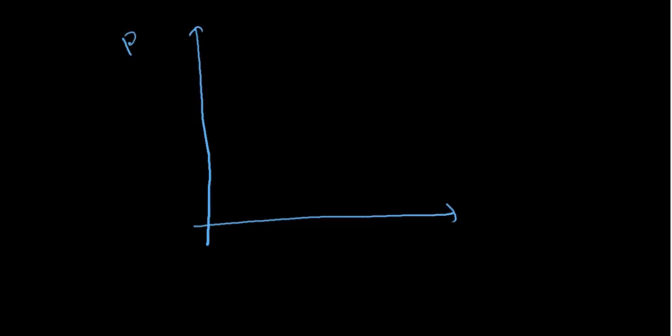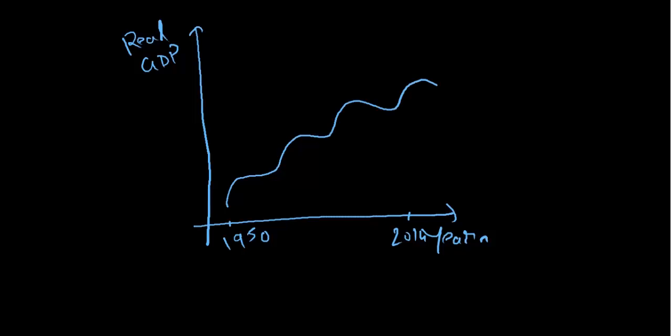have real GDP on the y-axis and years on the x-axis, so this is say 1950 and say this is 2014, and if you plot the numbers you'll see that GDP is fluctuating, wavy over the years.